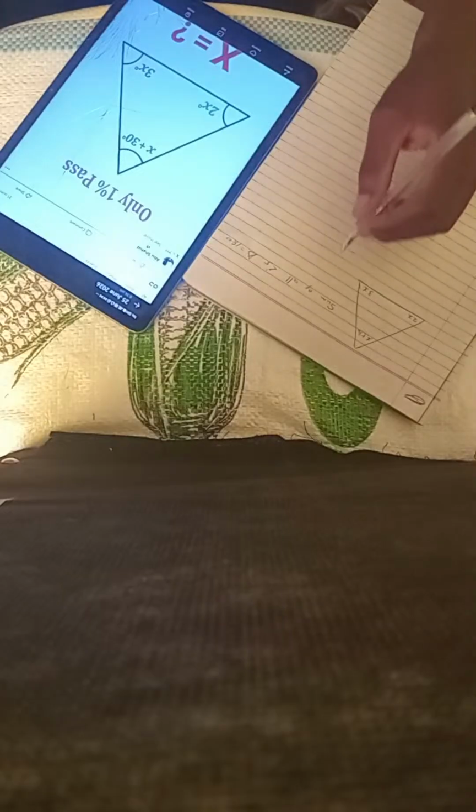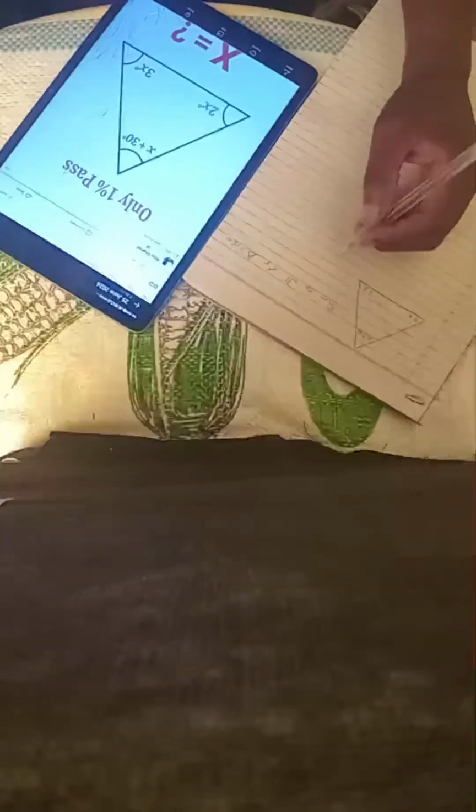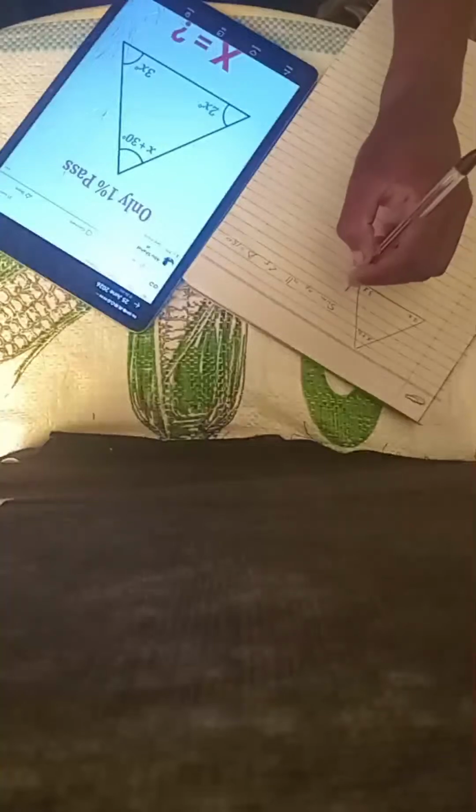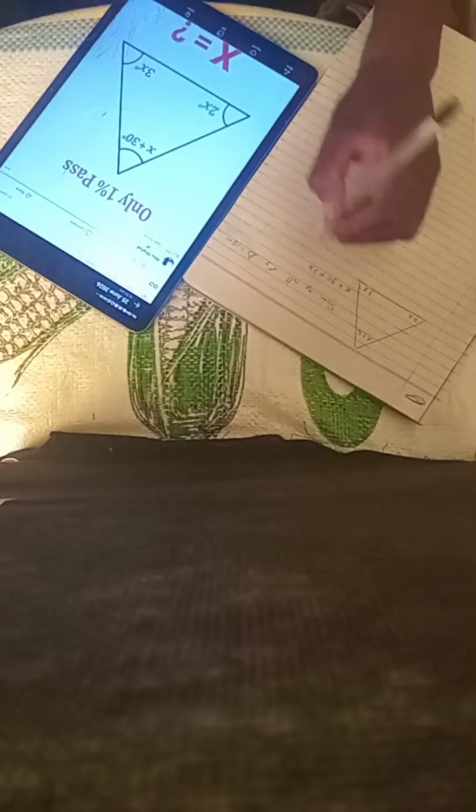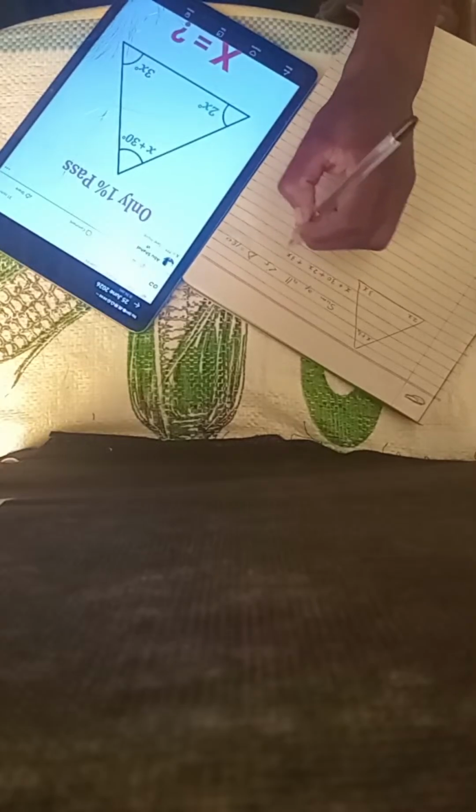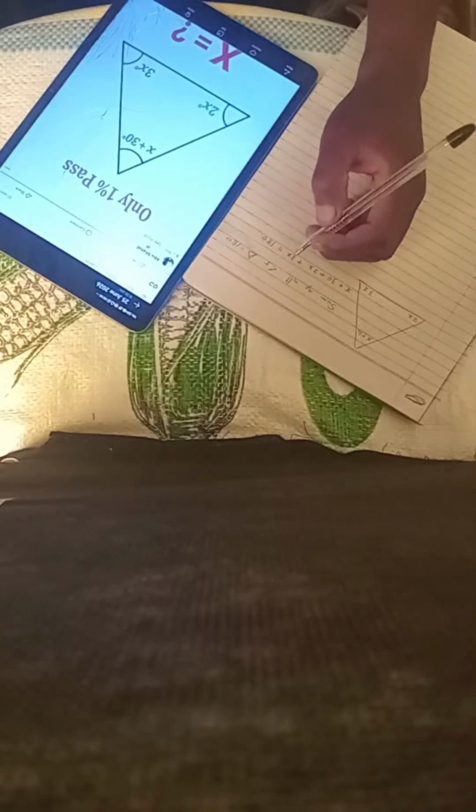Just to warm up the brain. Therefore, x plus 30 degrees plus 2x plus 3x should be 180.